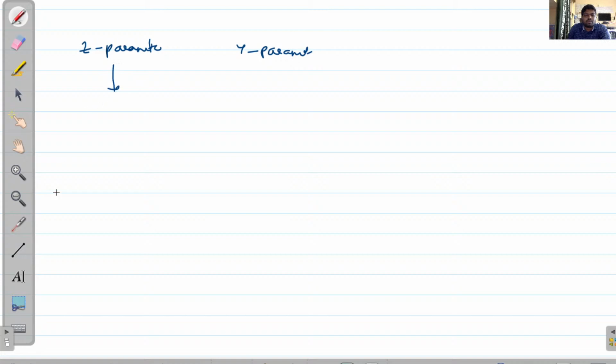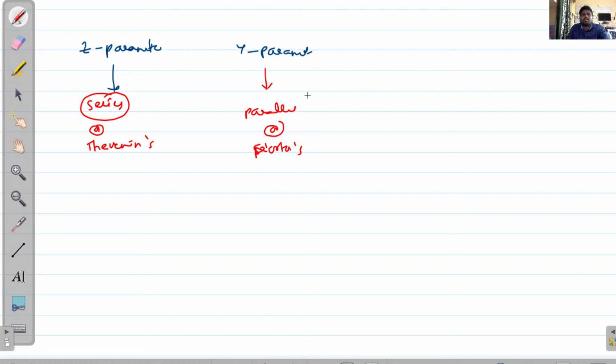Z parameters are for series, otherwise called Thevenin's network, and Y parameters are for parallel, or in the case of Norton's also. Parallel is also called Norton's equivalent network.